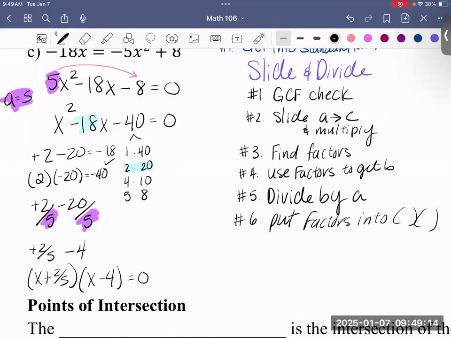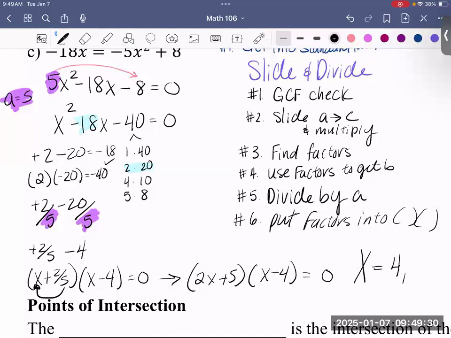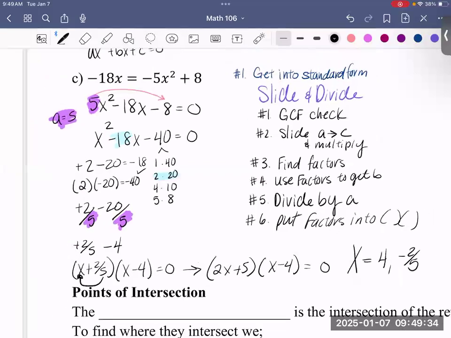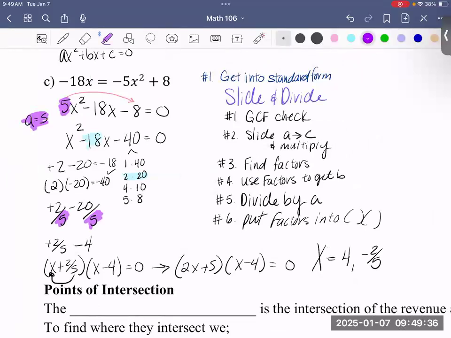Now we don't typically leave the 2/5, especially if we're just asking to factor. Instead, you bring the 5 right in front of the x. So 2x plus 5 and x minus 4 is equal to 0. Therefore, x is equal to 4 and a negative 2/5. So that is slide and divide in a nutshell.